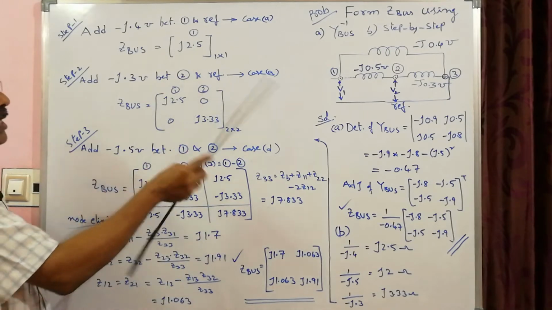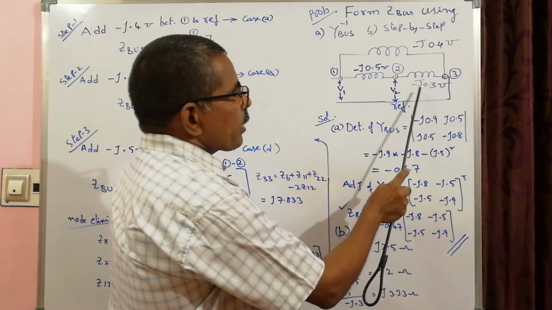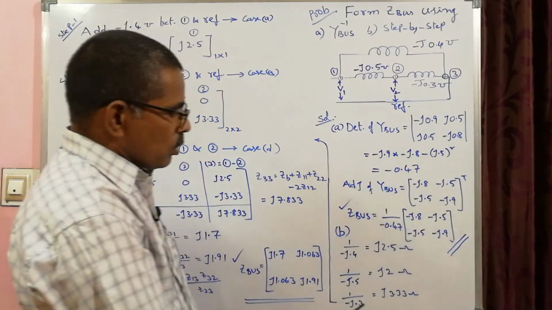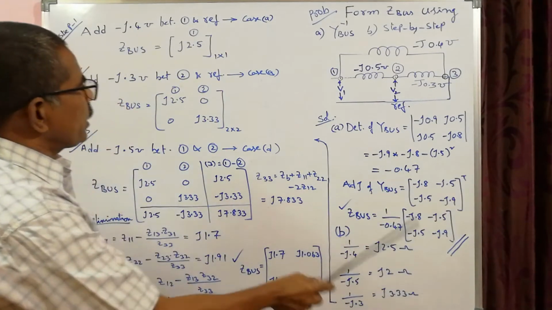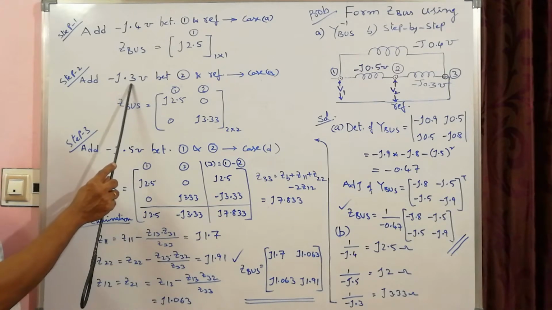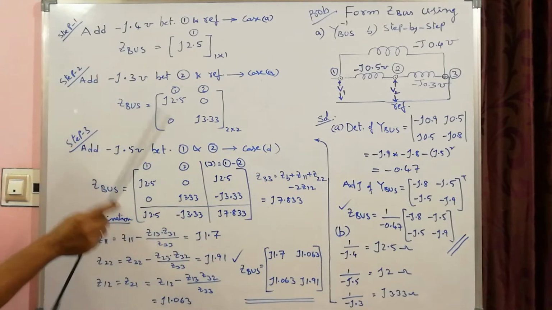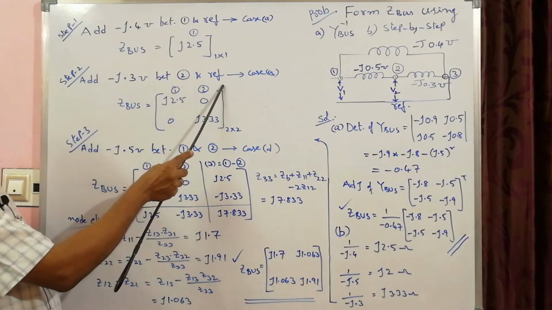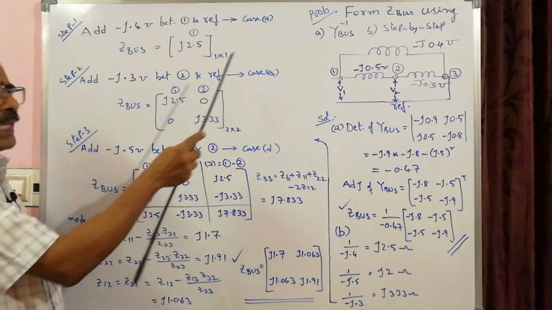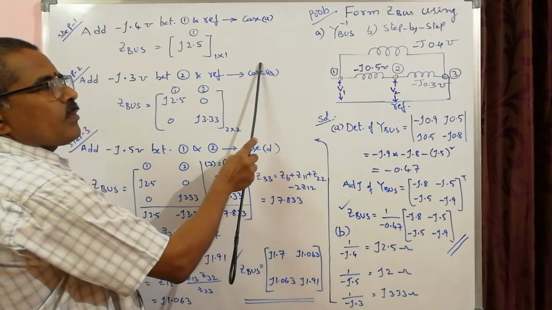Then in the second step I am adding minus J 0.3 mhos, which means J 3.33 ohms, between 2 and reference. So, add minus J 0.3 mhos or J 3.33 ohms, which means the same, between bus 2 and reference. So, second bus and reference, it is again case A. Okay.